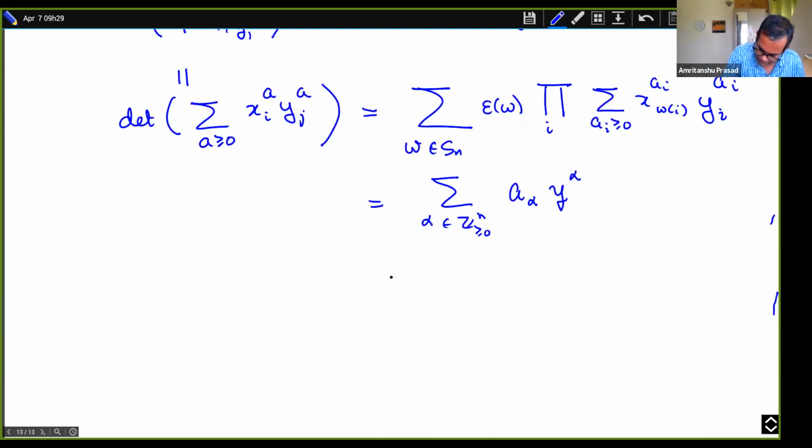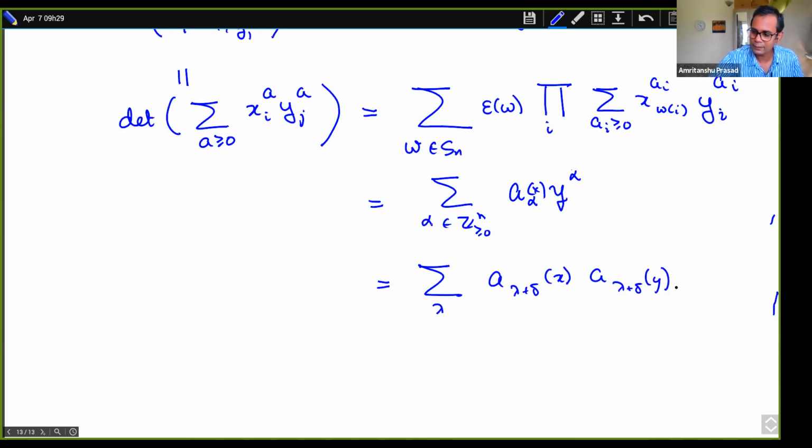But if you look at the terms that survive, you'll get all permutations of distinct partitions here, and these signs will also keep swapping as those things change. And so what you get is actually just the sum over lambda, a lambda plus delta in the x variables, a lambda plus delta in the y variables.